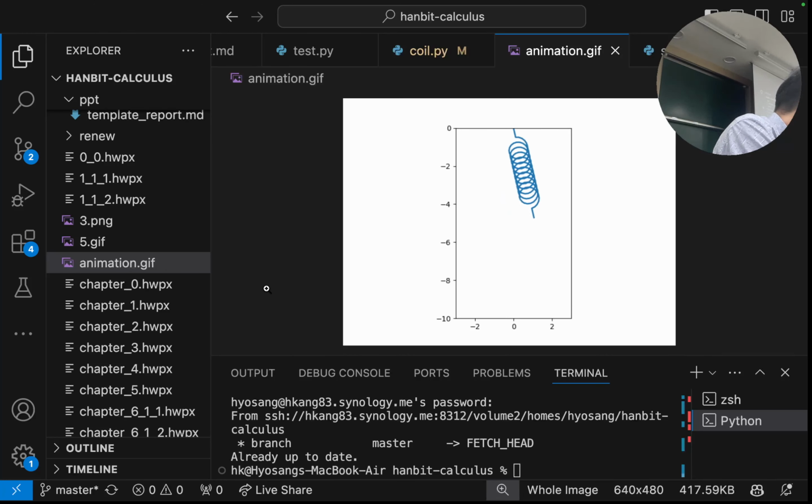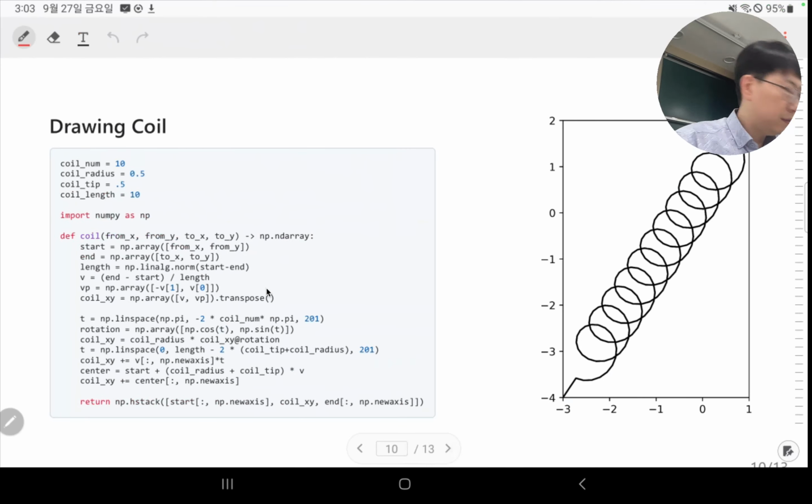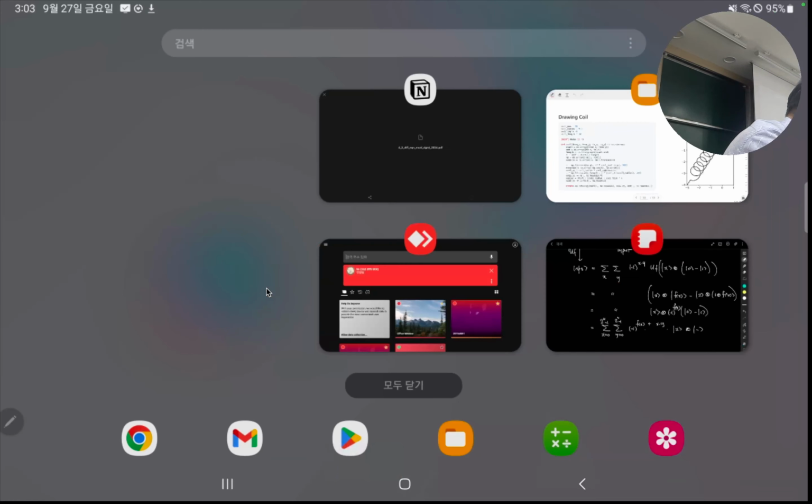Okay, so I'm going to give you time to think, since we already talked about how to graph this coil. I'm not going to do this again. Maybe you can think about it on your own. Let's think about how we can write the differential equation. Here I'll draw the picture for you and give you time to discuss.